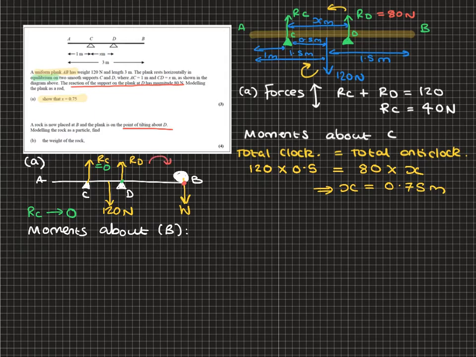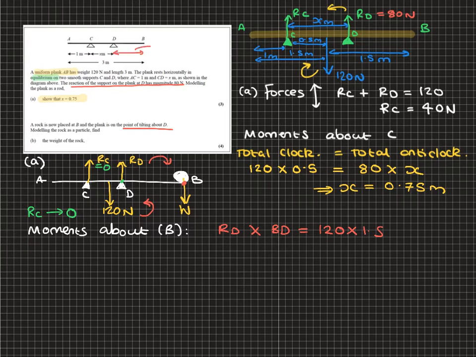RD will produce a clockwise moment. 120 will produce an anti-clockwise moment. So if we balance moments again, our total clockwise moments, which are represented by RD multiplied by the distance from B to D, must equal 120 multiplied by 1.5. Now, what is the distance from B to D?